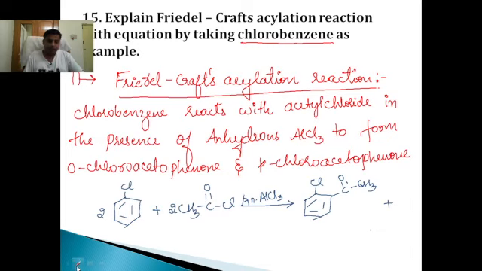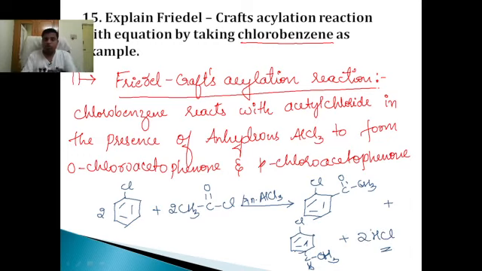Next, this is orthochloroacetophenone. What is the other product? Parachloroacetophenone, at para position C double bond O CH3, plus 2 molecules of HCl.